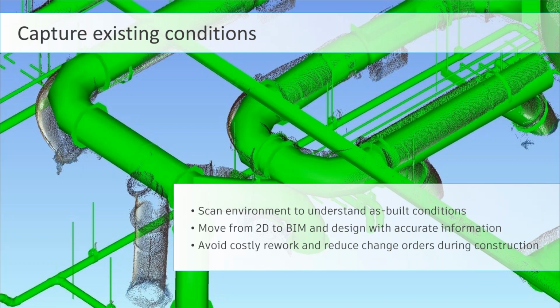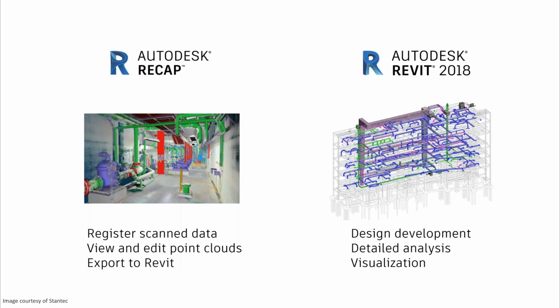So what you can do is bring all the point cloud data into Autodesk Recap. In Recap, you can do some cleanup, because when you do the scanning, you're not doing just one scan, you might be doing multiple scans depending upon the size of the project. When you have multiple scans, you want to stitch them all together into one single point cloud, and do some cleanup.